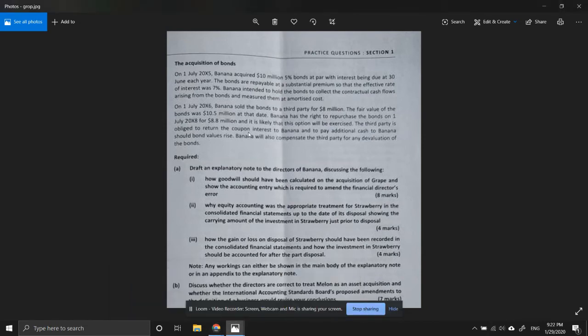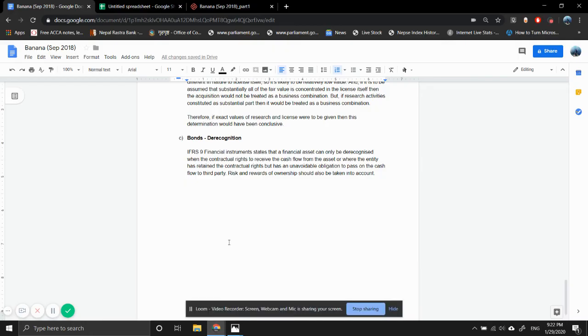The third party is obliged to return the coupon interest to Banana. Okay, so that means the rights have not been transferred.